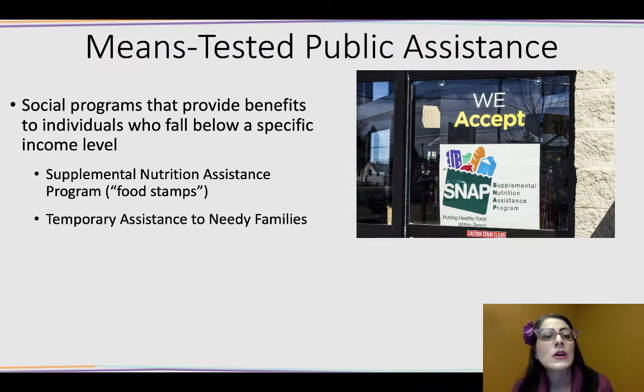So basically, you have to meet a certain income threshold, and how much you get is based on your income level. It's not a flat amount; it's an amount you get on a sliding scale based on your specific income.